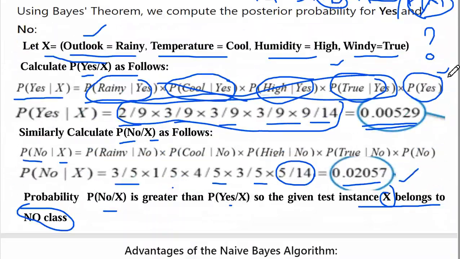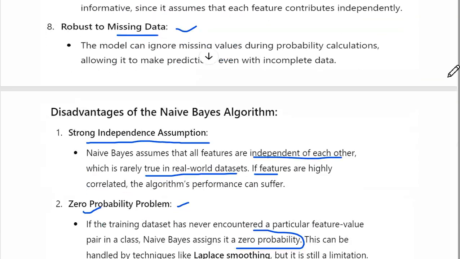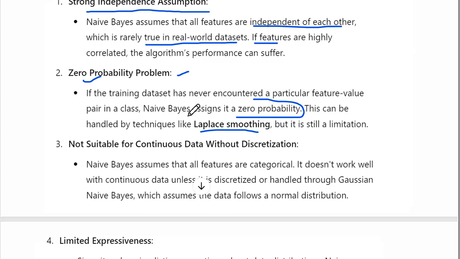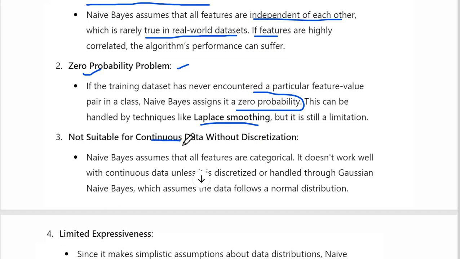That is the main problem with the naive Bayes algorithm. The zero probability problem means if any feature probability for the corresponding x becomes 0, then the entire test instance probability becomes 0. And it is not suitable for continuous data without discretization.